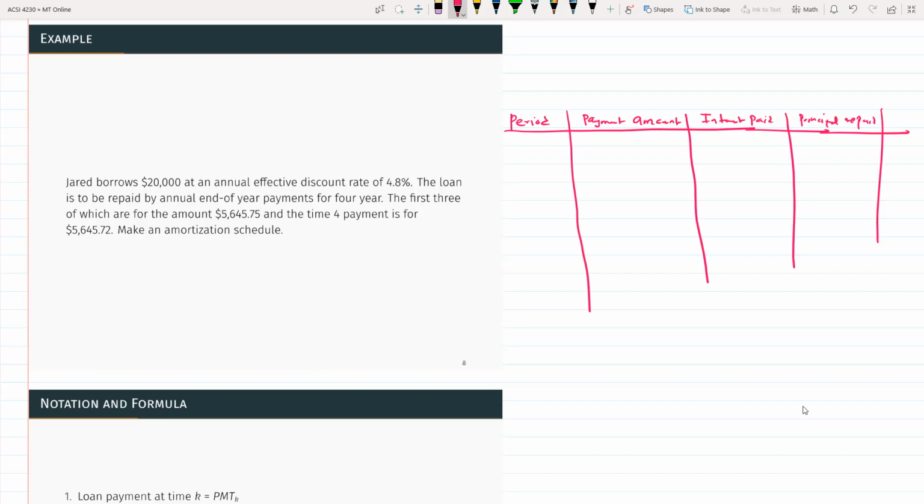And then the last one would be the outstanding loan balance. At the first row, it's just the loan. Then the payment is at the end of the first year.